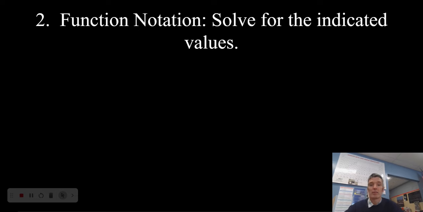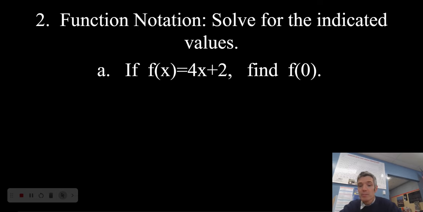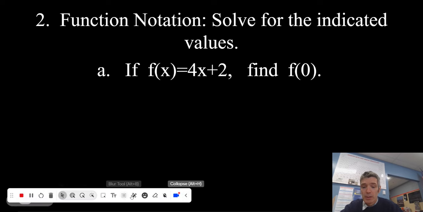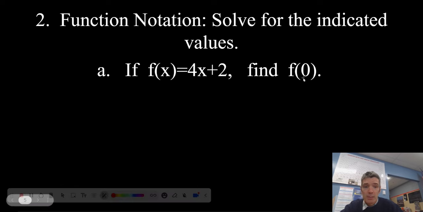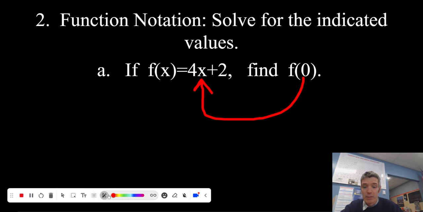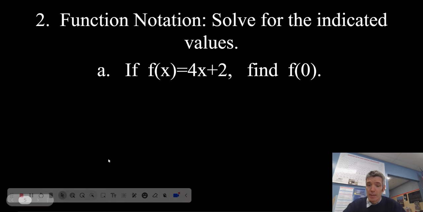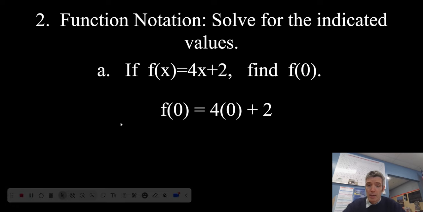All right, now this is another review. We have function notation, f of x equals something, and we want to solve for it. To do this one, I simply take the 0 value and plug it in for x and then solve. So f of 0 is 4 times 0.